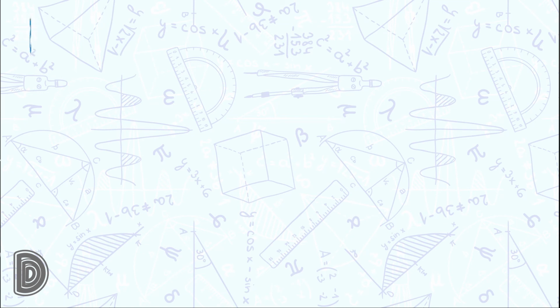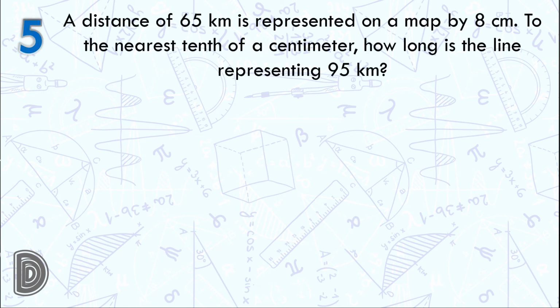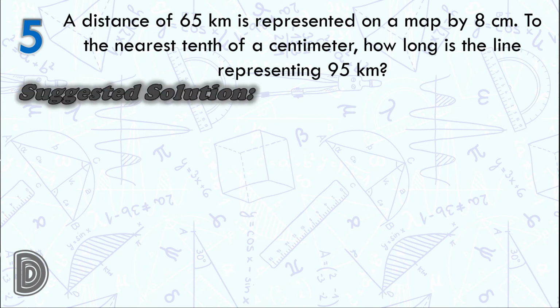Question number 5. A distance of 65 kilometers is represented on a map by 8 centimeters. To the nearest tenth of a centimeter, how long is the line representing 95 kilometers? Here is our suggested solution. From the given information, 65 kilometers is to 8 centimeters, and that is directly proportional to 95 kilometers is to n, where n is the representation on the map.